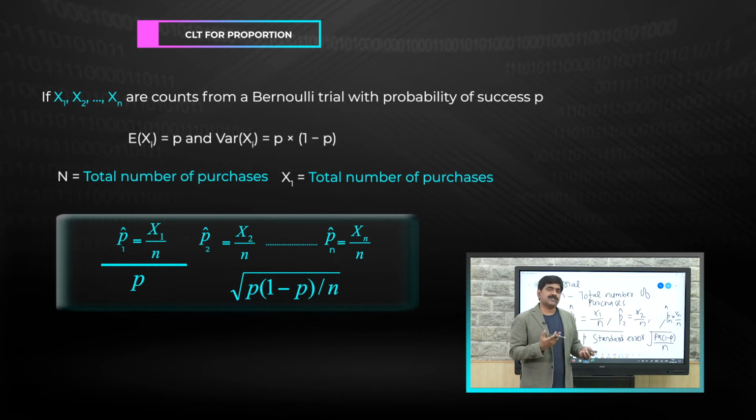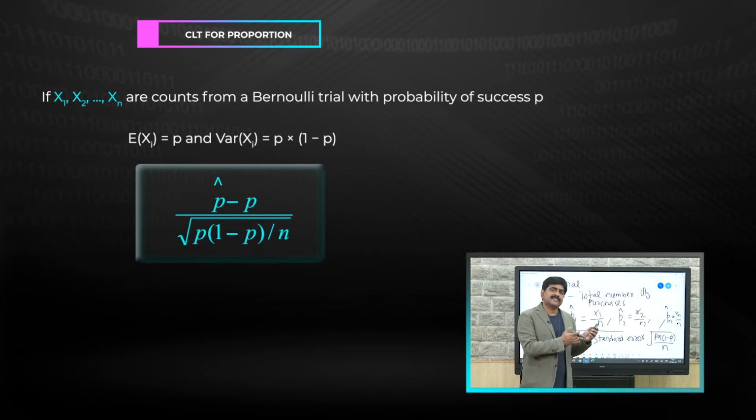From this we can also derive that the statistic P hat minus P divided by square root of P times 1 minus P over N converges to a standard normal distribution.